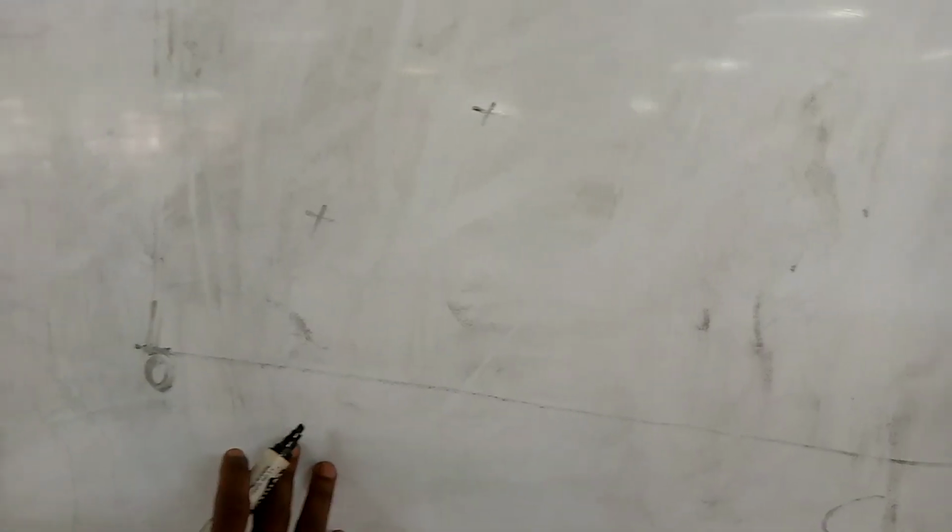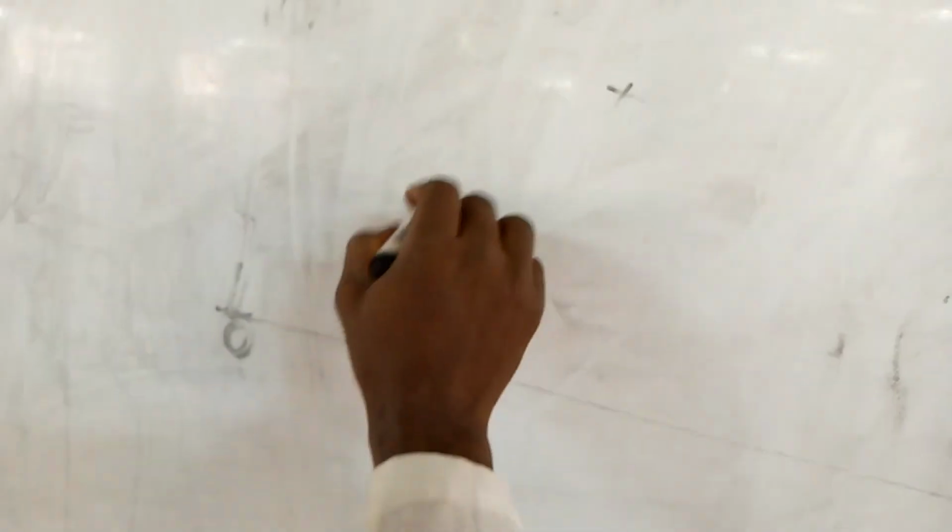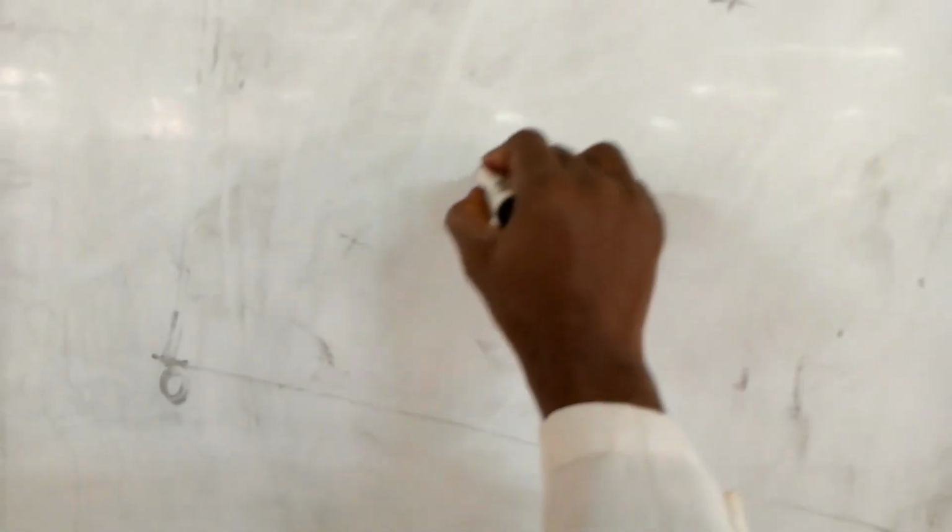Now, if we know the absorbance of the unknown, it's possible for us to get the concentration. So when we take the absorbance reading of our unknown, let's say the absorbance is somewhere here. When we have taken the absorbance readings of the amino acid, we get a straight line graph.